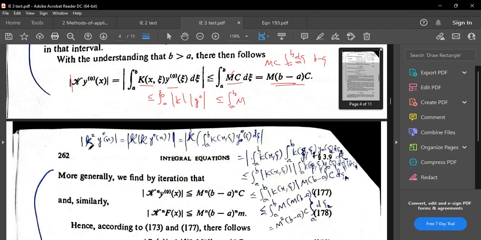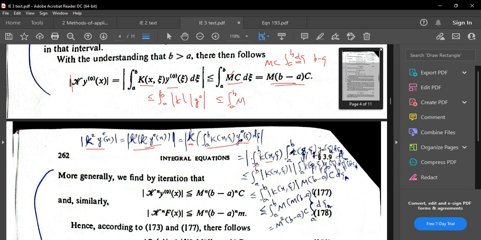Likewise, script K2 of y naught is script K of script K of y naught. That is, script K of y naught is integral a to b K into y naught, then again script K is applied. What will we get? Modulus of a large integral a to b of the kernel small k into the integral inside. The whole modulus will be less than or equal to integral a to b of the integrand modulus.